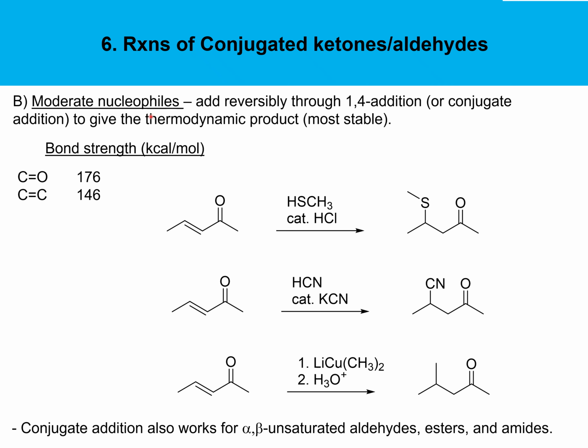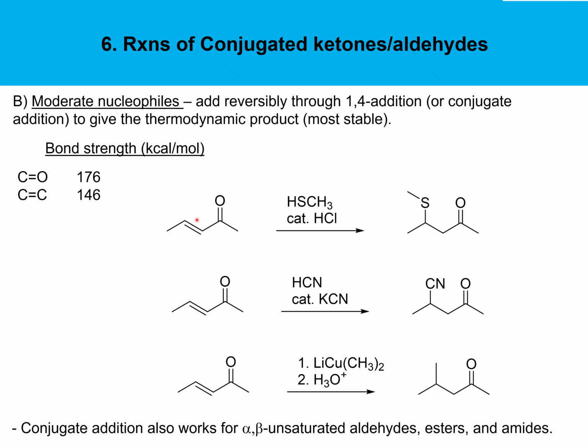Moderate nucleophiles generally will do a reversible addition to both the carbonyl carbon as well as the beta carbon. And at the end of the reaction, the product that we typically obtain is the one that results from 1,4 addition. In other words, adding to the beta carbon.